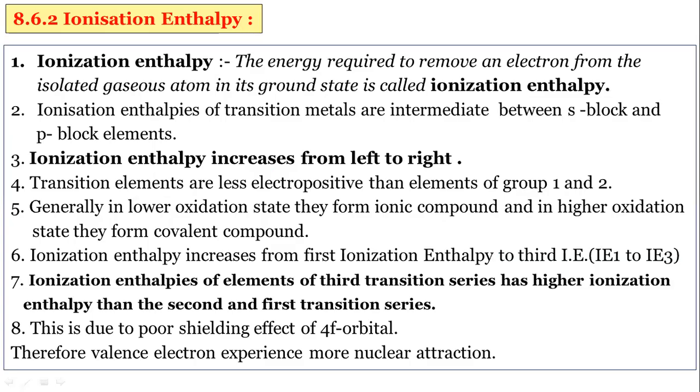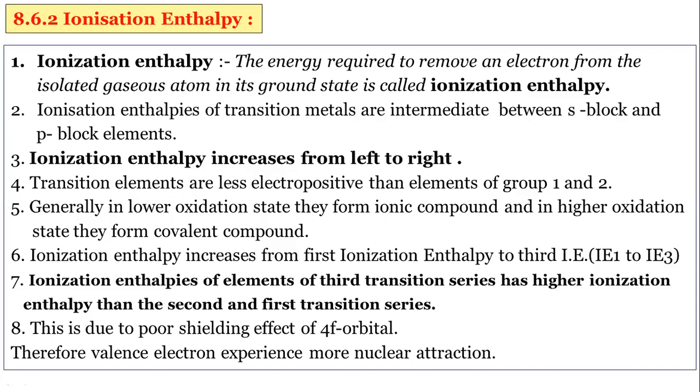Now ionization enthalpy, many times we discuss this ionization enthalpy. Enthalpy is also called energy: the amount of energy required to remove the most loosely bound electron from the isolated gaseous atom.